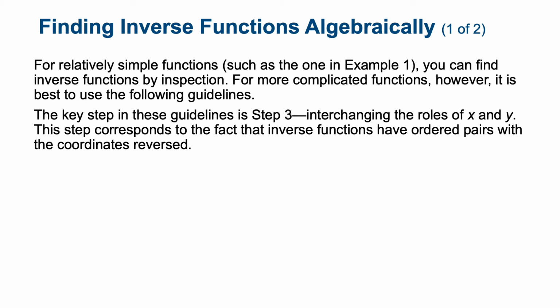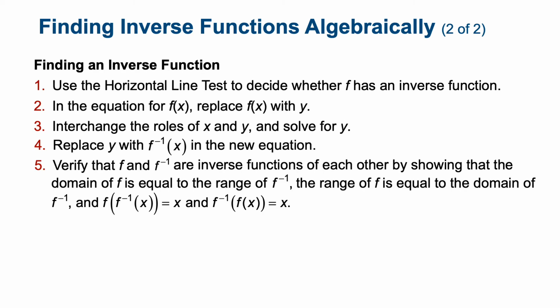The key step is to exchange x and y. This is because inverse functions have ordered pairs with the coordinates reversed. In other words, the domain becomes the range and the range becomes the domain for the inverse. So first of all, if we want to find an inverse function, we use the horizontal line test to see if it even has one.